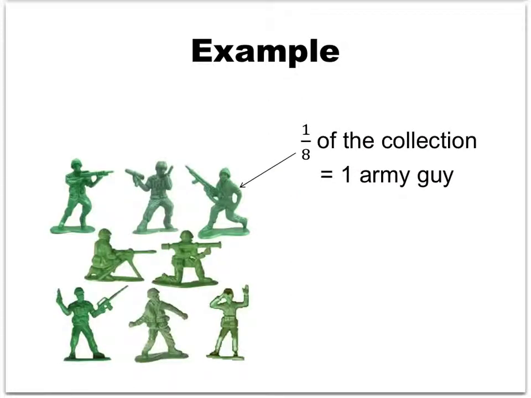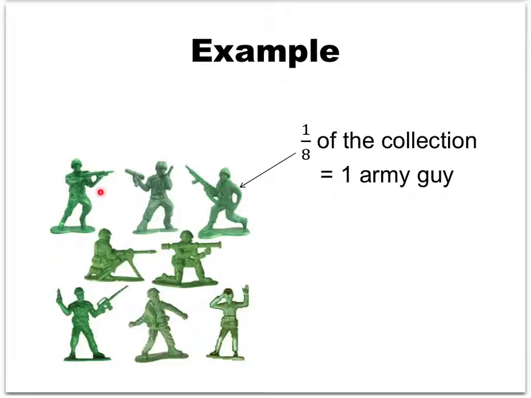Another example dealing with our army guys. So let's take the statement 1/8 of the collection. So 1/8 means that we're going to take our collection and divide it up into 8 equal pieces. So this collection is already divided up naturally into 8 equal pieces. Each one of those army guys is an equal piece. Now, they're not identical.